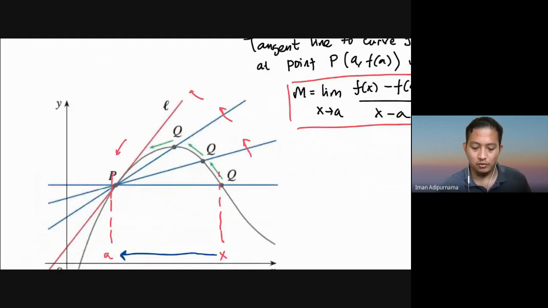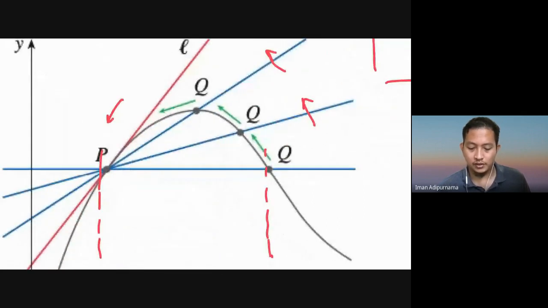Okay, so what does it mean actually? Look at this line here. This is the secant line of PQ, right? So when one of P or Q gets closer to the other, let's say Q is getting closer to P, the secant line is getting closer to a tangent line at P, right?